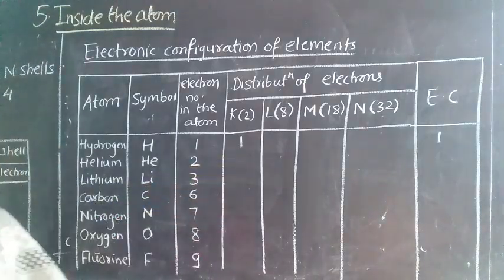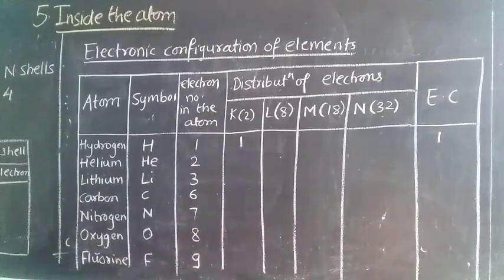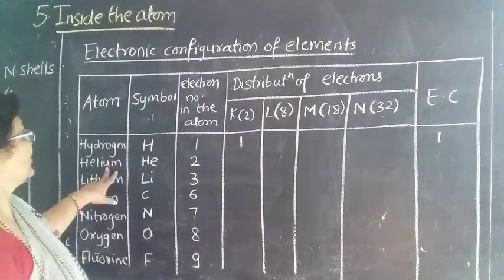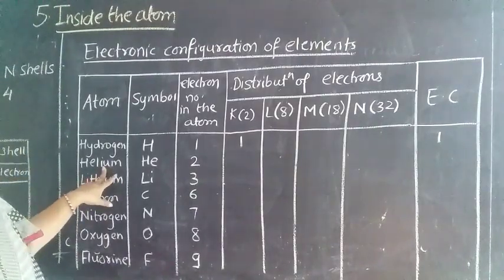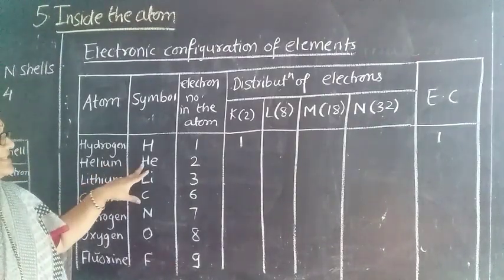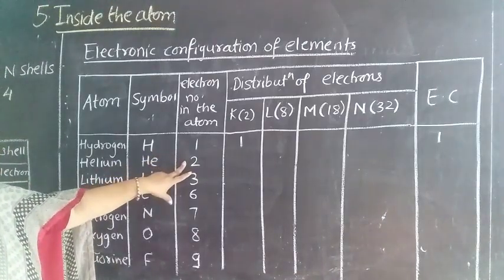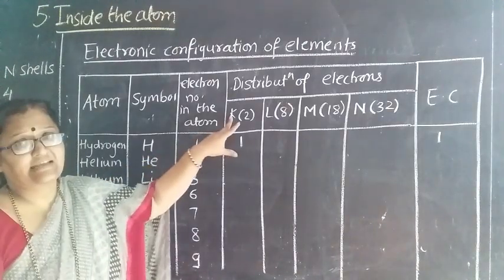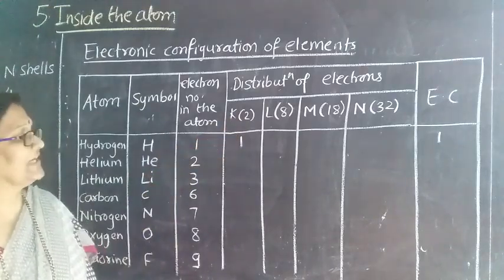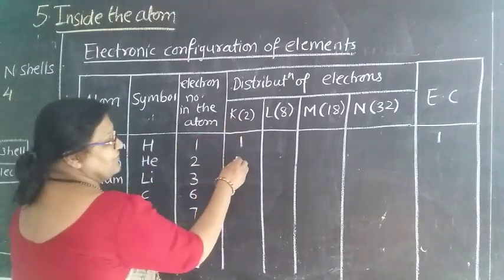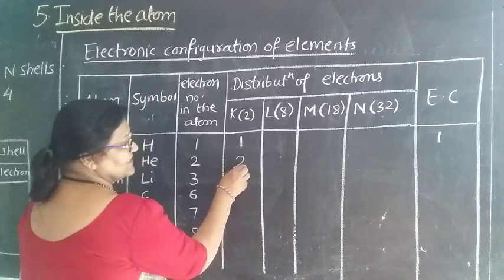Next is helium, which is given as He. It has 2 electrons in the atom. We know that K has the capacity of 2 electrons. Therefore, we can fill these 2 electrons here.